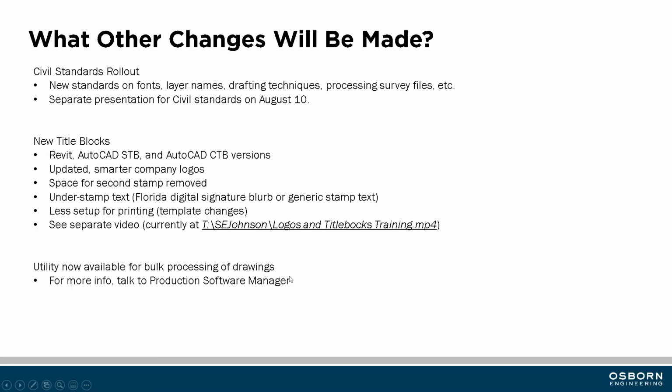And one other change, well, it's not really a change. It's more of an additional service that IT can provide. When we updated those 30,000 or so drawing files from being CTB-based to being STB-based, we didn't open all 30,000 files manually.